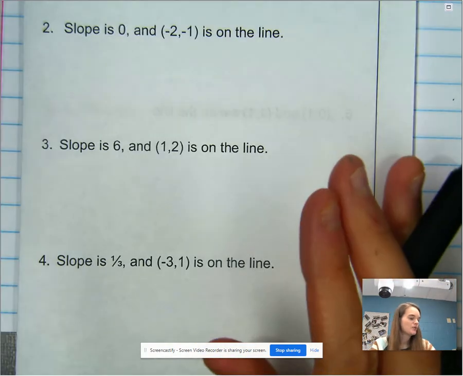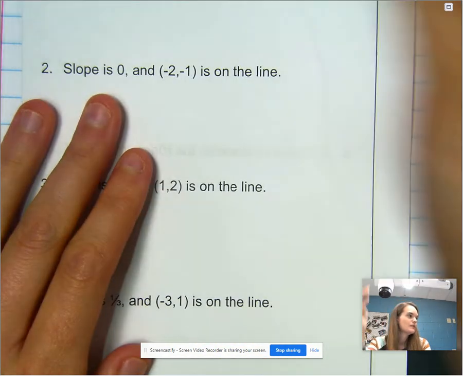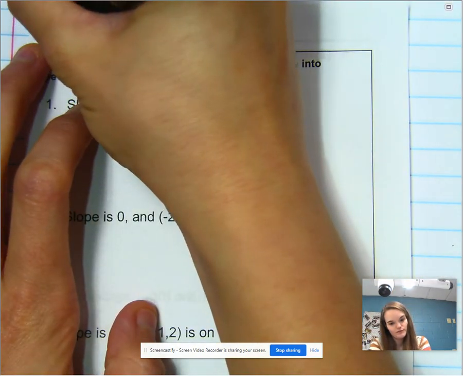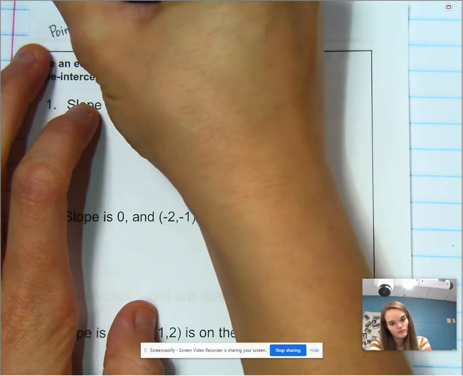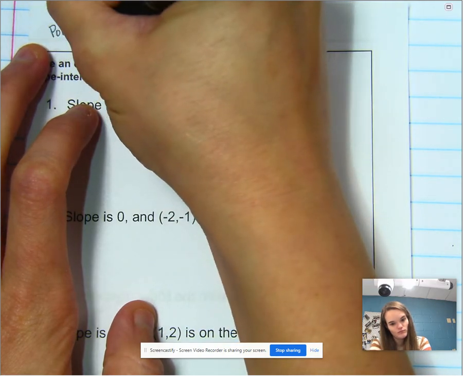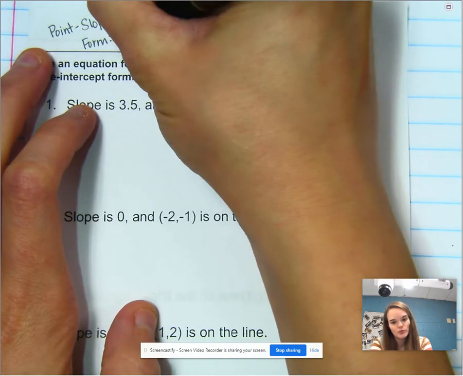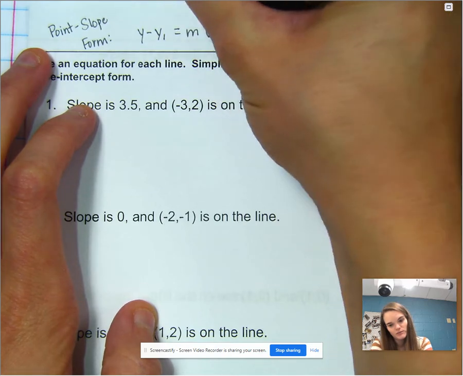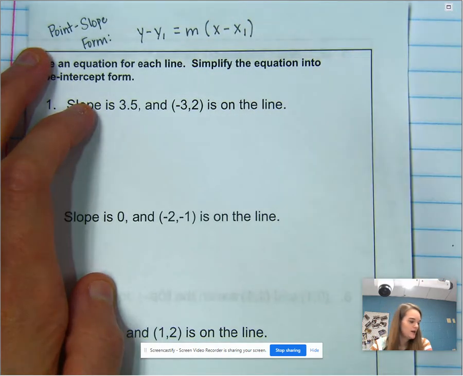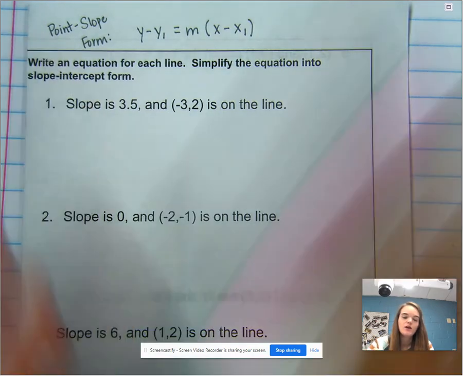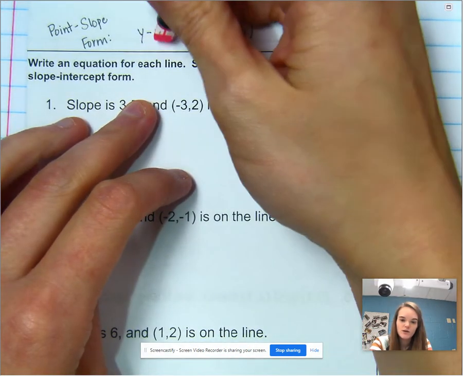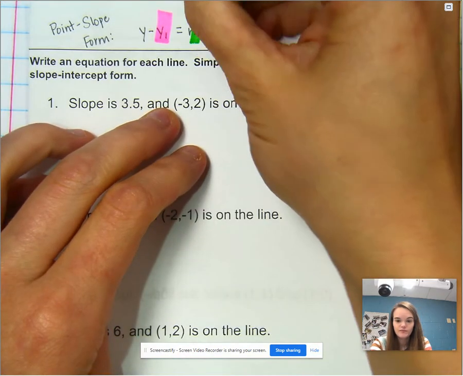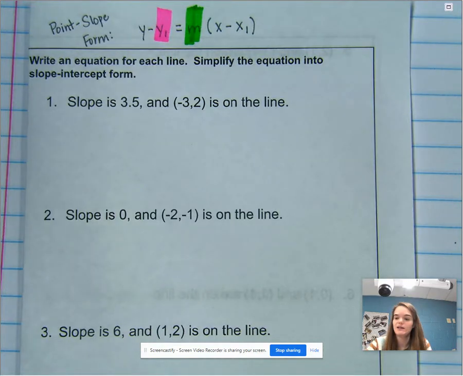Up here at the top, in this extra space, we're going to write down point-slope form: y minus y1 equals m times x minus x1. You're going to use your highlighter today to highlight y1, the slope, and x1.